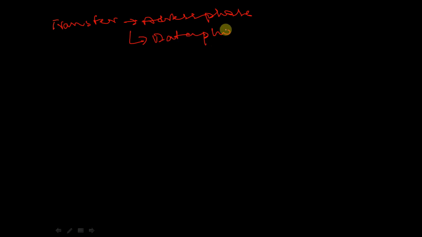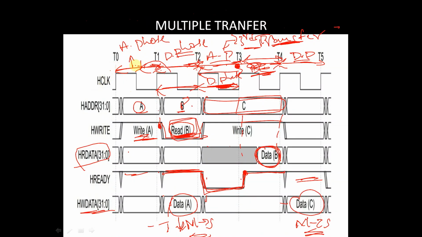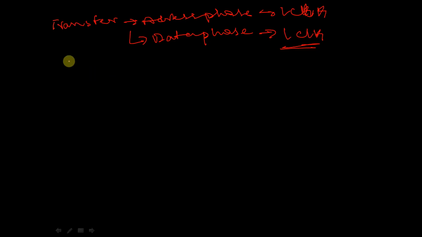The address phase takes one clock cycle to complete, and the data phase takes one clock cycle to complete. So let us consider the first transfer.